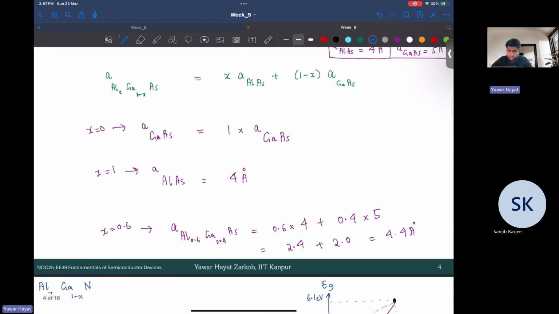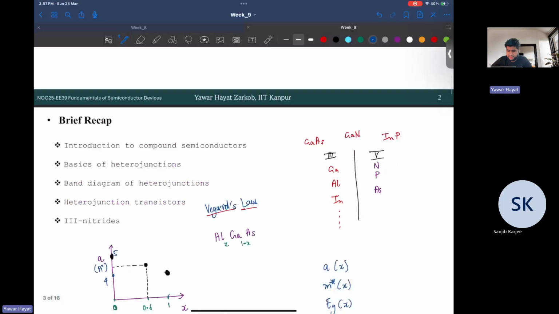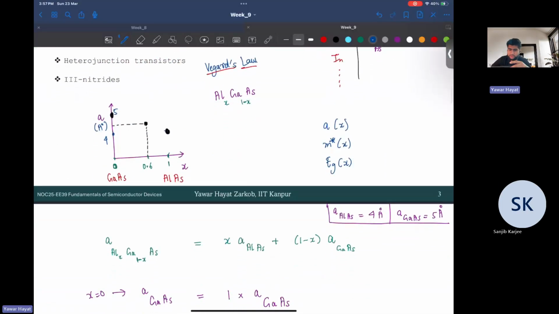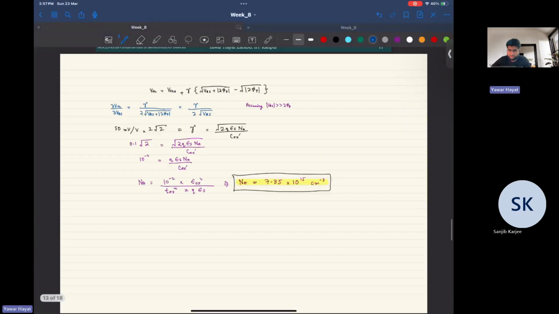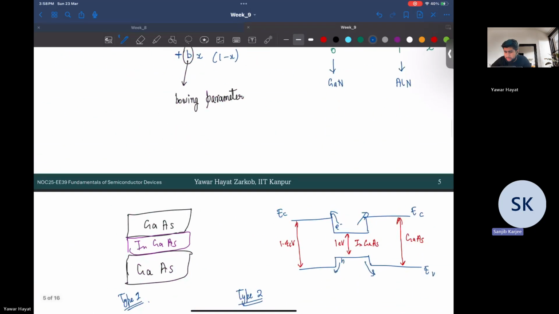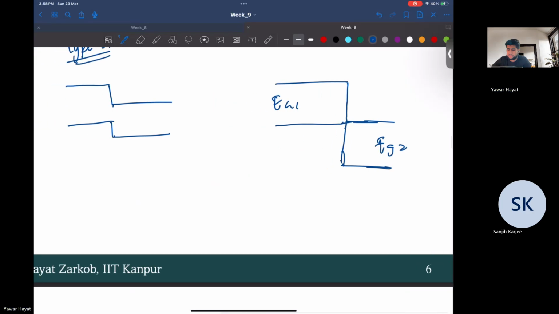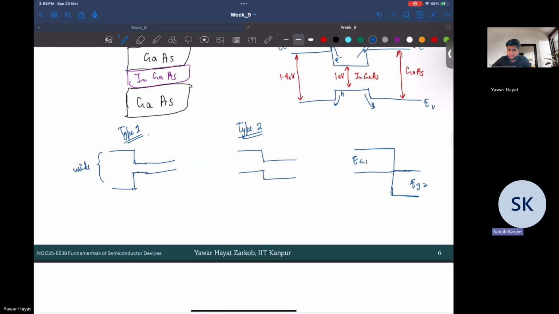Meanwhile, if you have any doubt regarding what we recapitulated today, including the assignment problems from the weekend. Three types of band alignment of heterojunction we have got: type 1, type 2, and type 3.